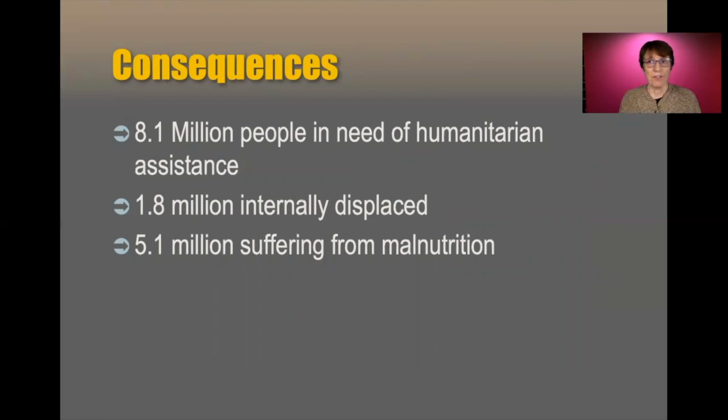That means they don't have food, they don't have water, they have no sanitation, there's a lot of diseases. I mean, this is a dire, dire crisis here. There's 1.8 million people internally displaced. So that means they've been displaced from their homes in Nigeria. And then there's 5.1 million suffering from malnutrition.